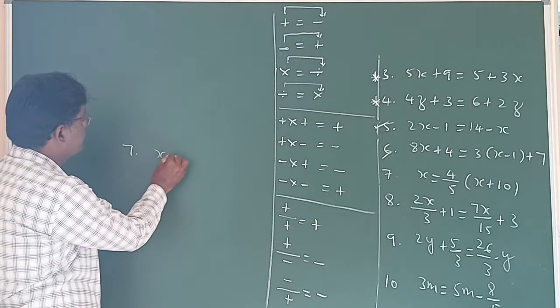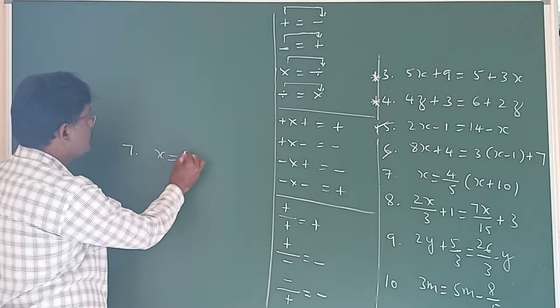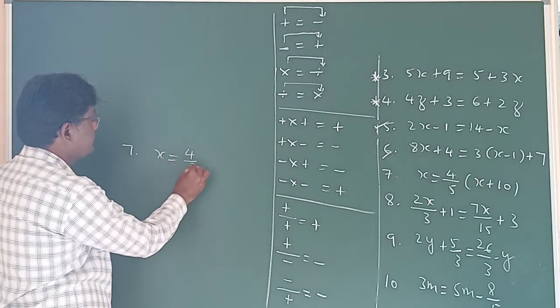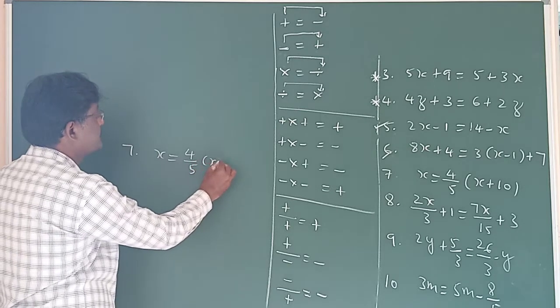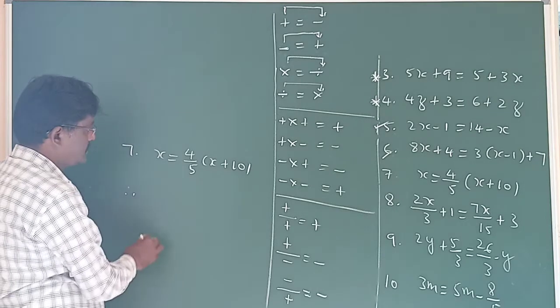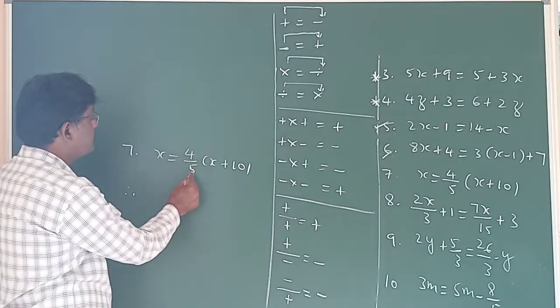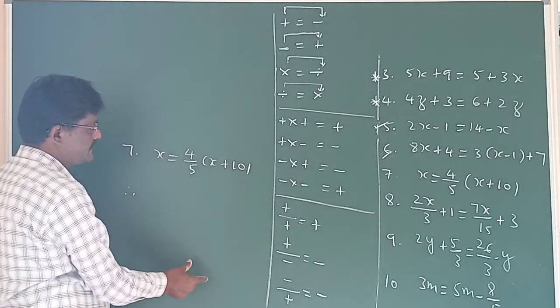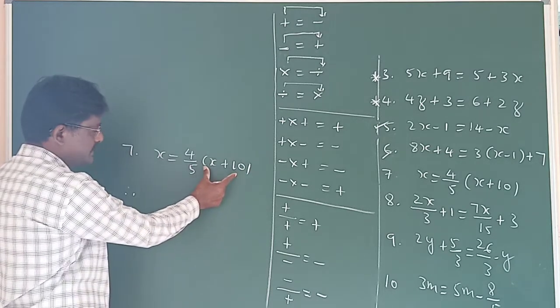x equal to 4 by 5 into x plus 10. Therefore, see here, it is 4 by 5 into x plus 10. Hence, it is just like one term like that.